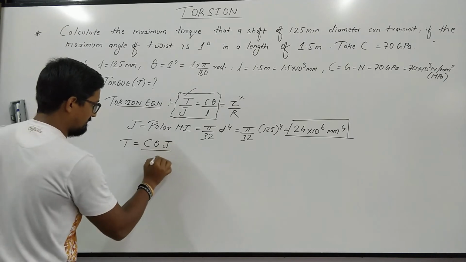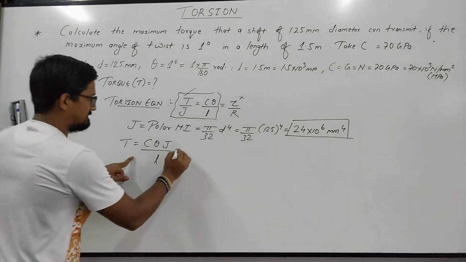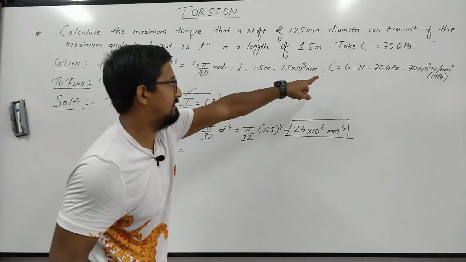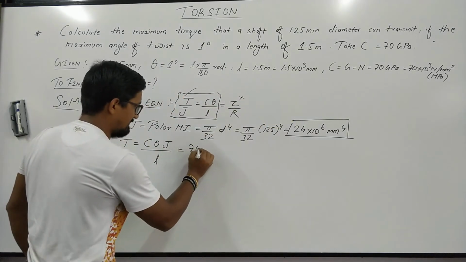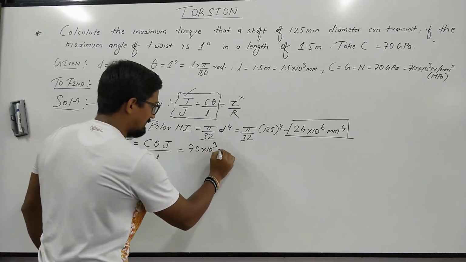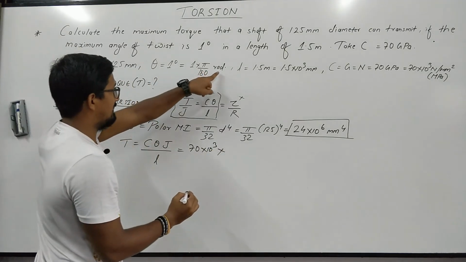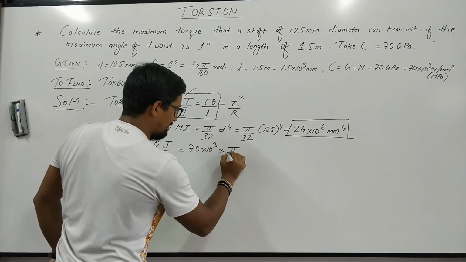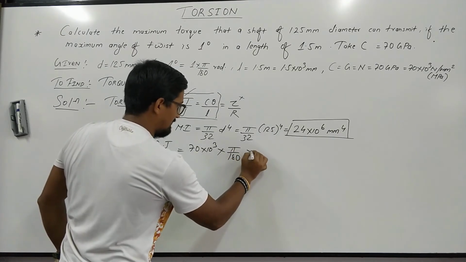Now T is equal to, using this equation, C theta J by L. C is the modulus of rigidity, which is given as 70 into 10 raised to 3 in MPa. Theta is given in radians, pi by 180.